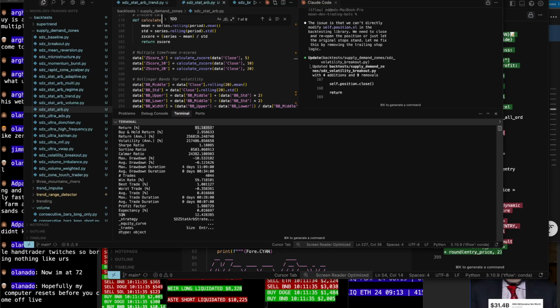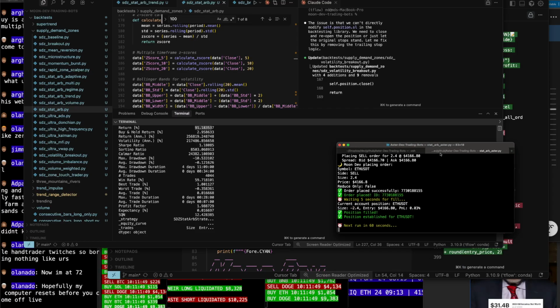Because this is trading a lot, which is good, bad, I'm nervous. It's okay. It's not going to kill me to lose $1,000. Looks like it manages both positions perfectly, which is great.